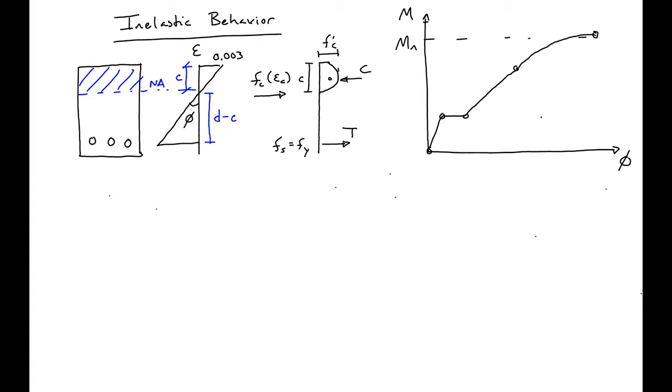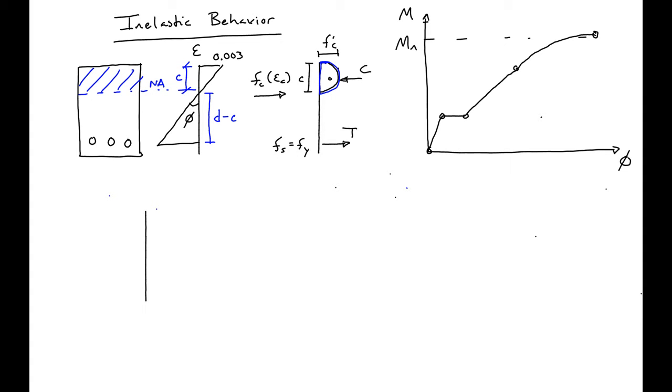So using these, the compressive force and tension force, we have two forces. We would have a lever arm between them, and we could figure out our moment. So this is a little difficult to do. So what we'll do rather is we will approximate the shape of this section here using what's called a rectangular stress block.